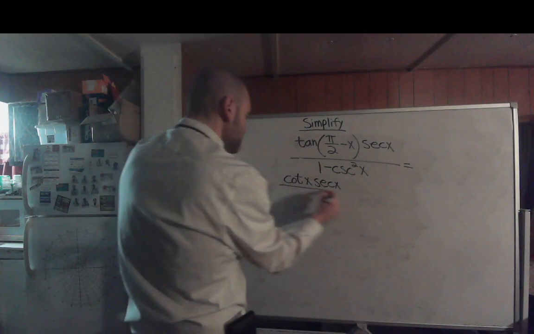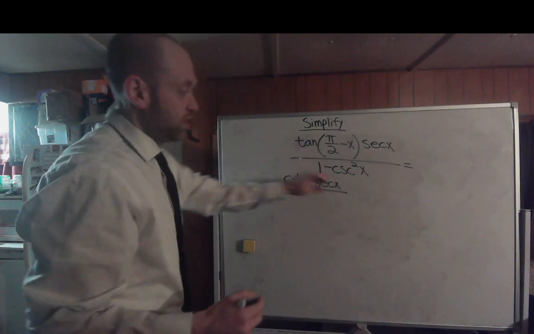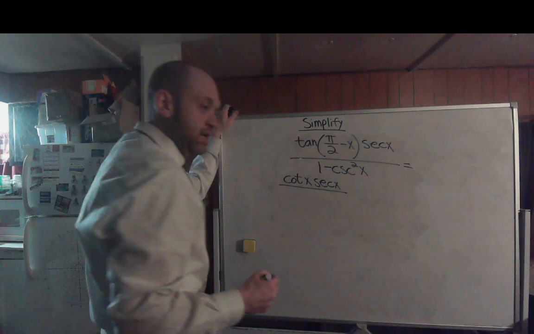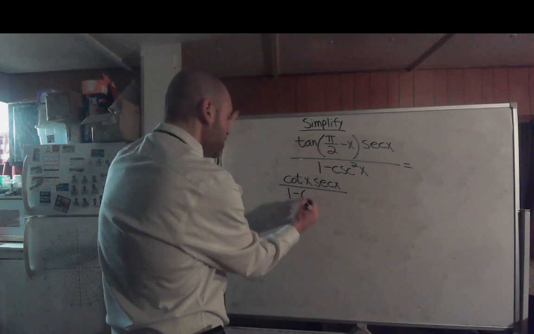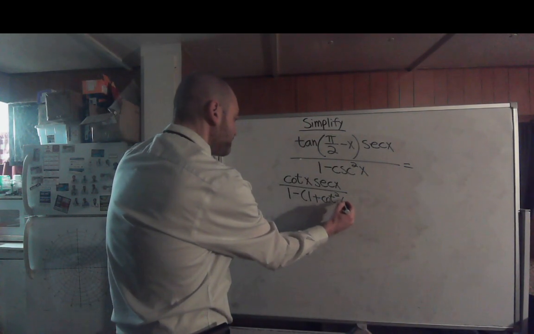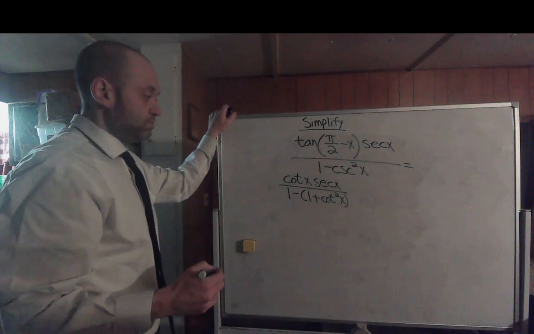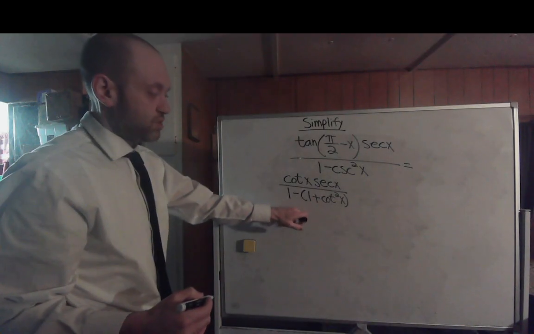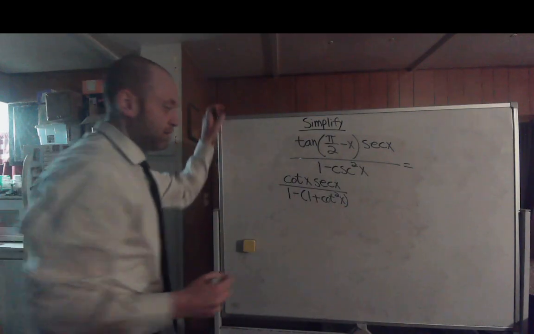Now let's work on simplifying that denominator. What's cosecant squared of x? Isn't that the same as the quantity of 1 plus the cotangent squared of x? Alright, so now you have 1 minus the quantity of 1 plus cotangent squared of x in the denominator.